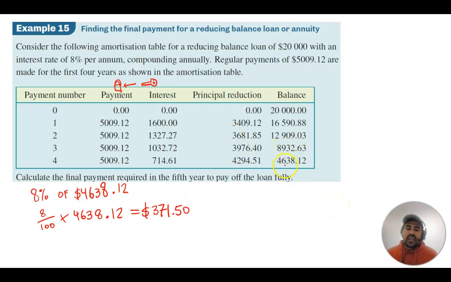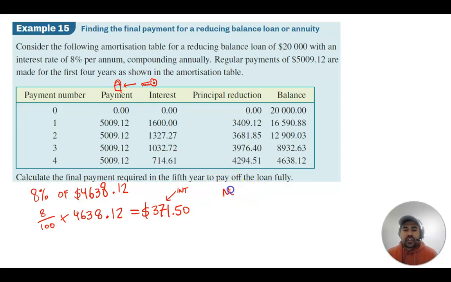If we know that this balance here is what's remaining, and we also know that we have to provide this in interest, if you add these two amounts together, this is how much we're going to pay to the bank to fully pay off this loan. So we'll pay back what's remaining plus the bank's interest, add those two together, and this will give you how much you have to pay for your final payment.